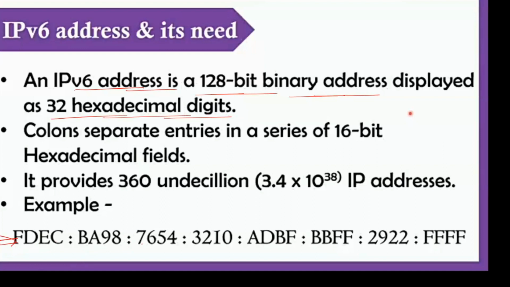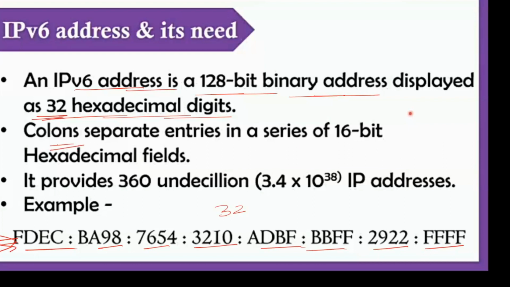In this address we have a total of 8 fields: first, second, third, fourth, fifth, sixth, seventh, eighth. In every field we have 4 hexadecimal digits. So in total we have 32 hexadecimal digits, which is written here.